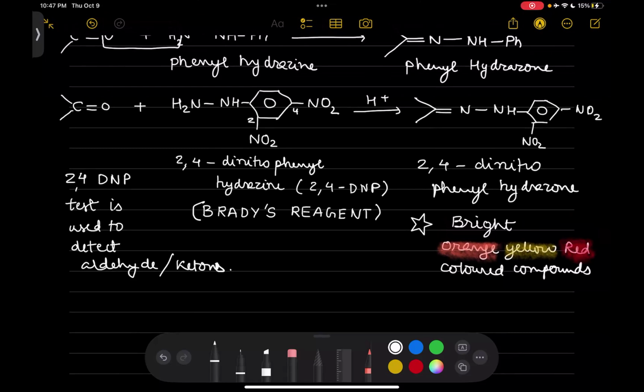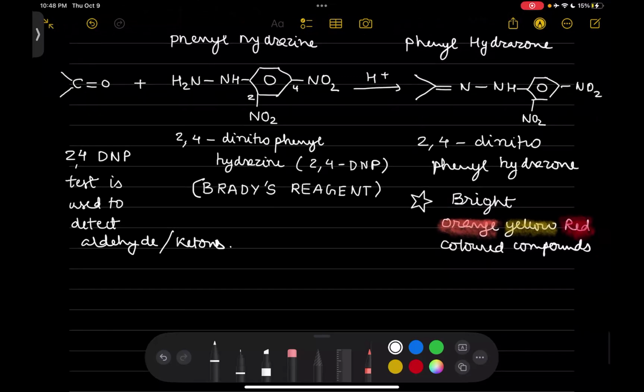But at least if it is an alcohol, it is not going to give the test. So whether it is an alcohol or an aldehyde or ketone, you can clearly differentiate. Got it?